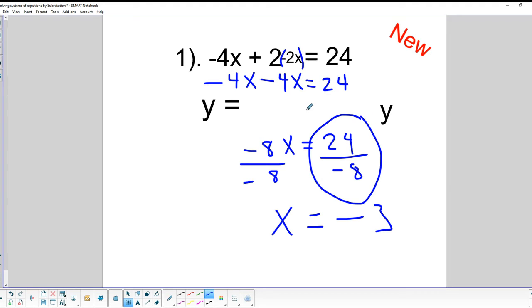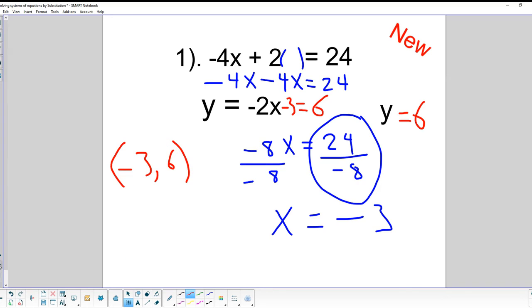So if x is negative 3, now all we have to do is find y. Now remember, y was equal to negative 2x when we first started. So now we just have to plug negative 3 in for x, and we will end up with negative 2 times negative 3, which equals 6. So our y value will be 6. So our final solution then is (-3, 6).